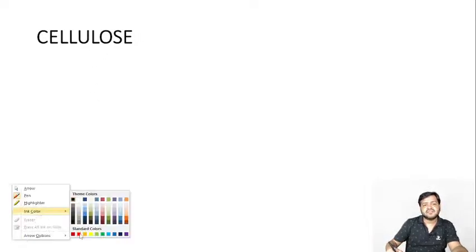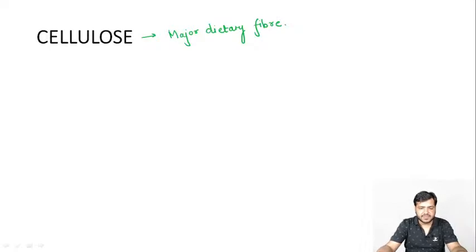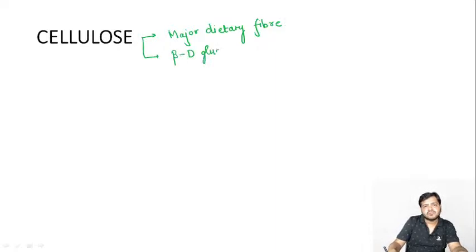Moving ahead with the next structure, that is cellulose. And remember that cellulose is the major dietary fiber. Basically it consists of beta D glucose.